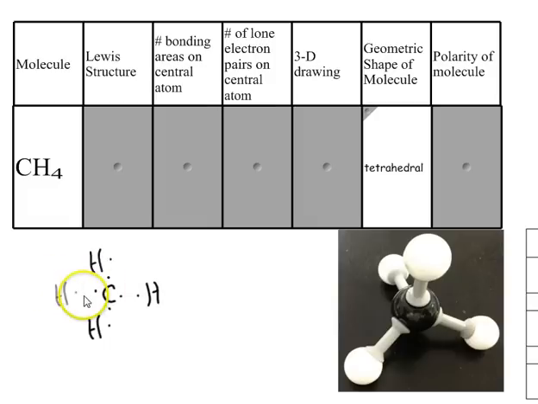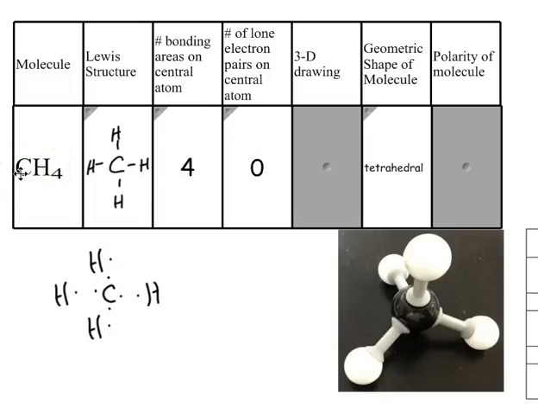You can see here that there will be 4 lines coming out of the carbon atom. There won't be any lone pairs of electrons to draw because all the electrons are participating in covalent bonds. There are 4 bonding areas around that central atom, and no lone electron pairs around that carbon.